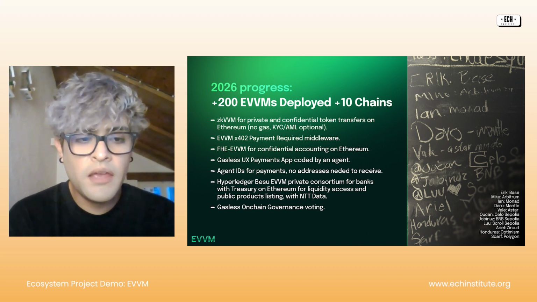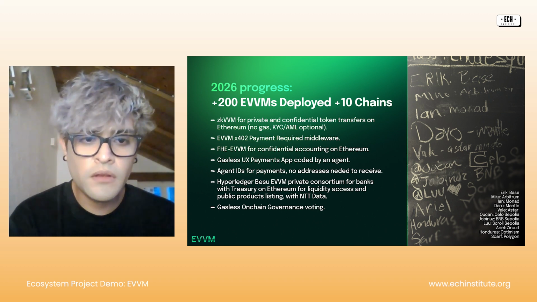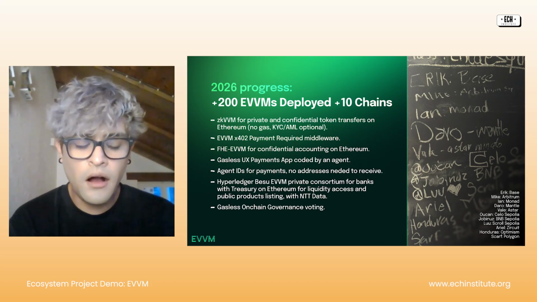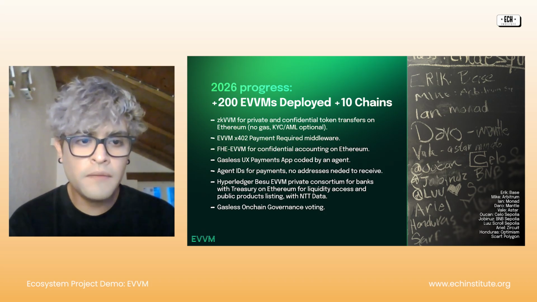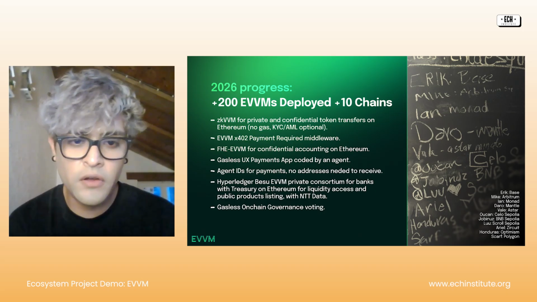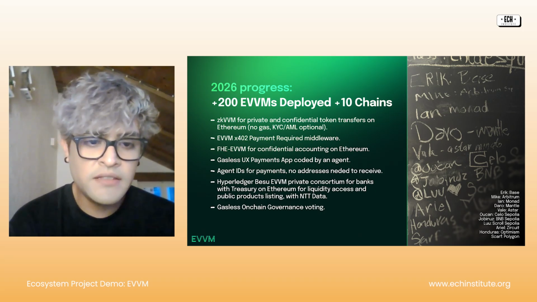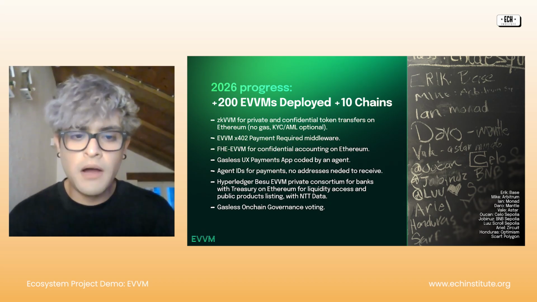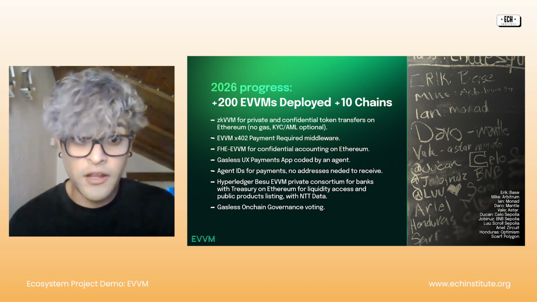We have EVVM 42, which is requiring the middleware for all AI agents. And we have a fee of confidence and accounting for Ethereum, a gasless UI payments app coded by agent IDs for payments, so you don't need to know any address, just a username.